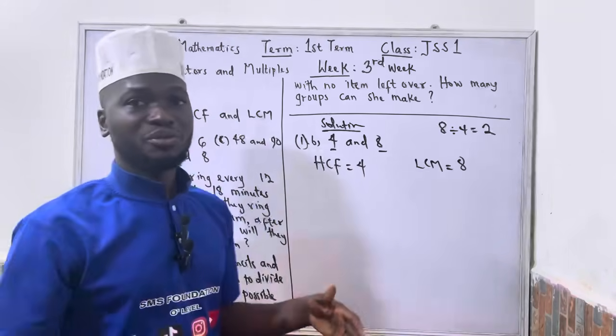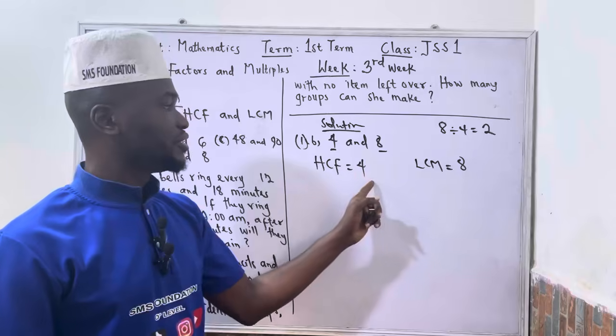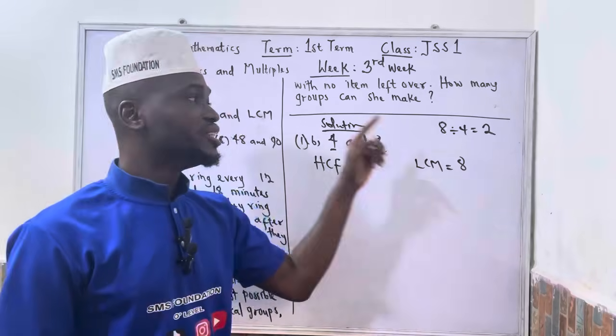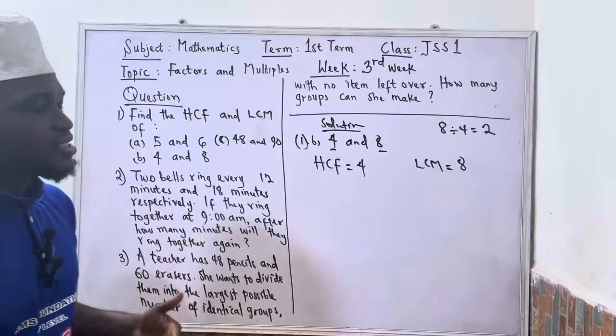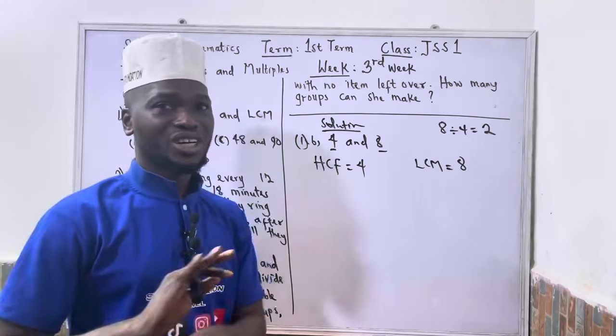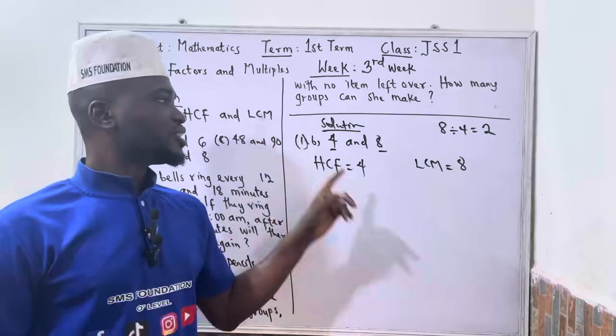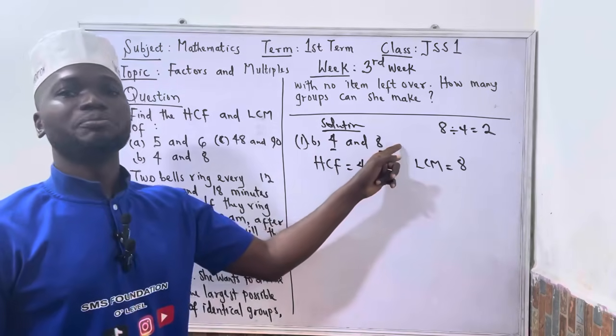So no need of stressing yourself in this case. Even if you draw the table and try to solve, this is what you will still get for the HCF, and this is what you will still get for the LCM. I'm giving you these tips to help you do some simple calculations in your head without solving. So that is how it goes, once you notice that the smaller number can divide the bigger number.